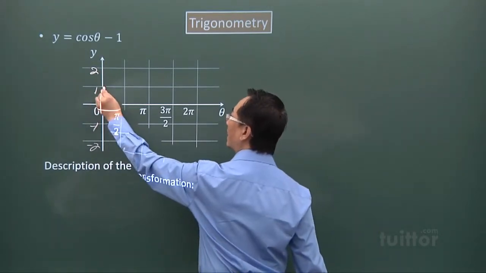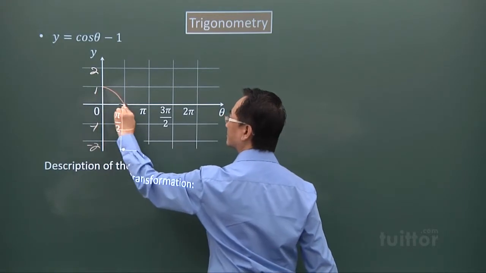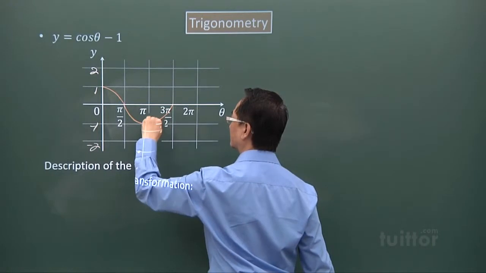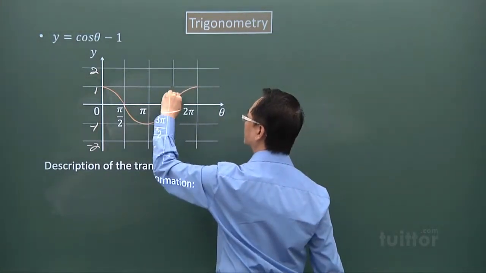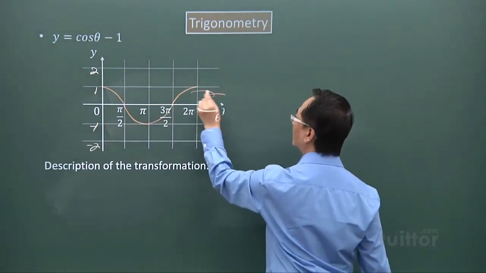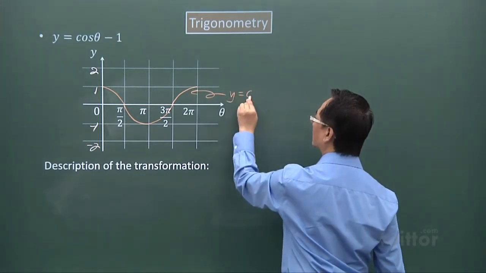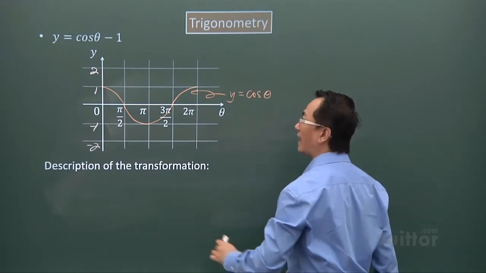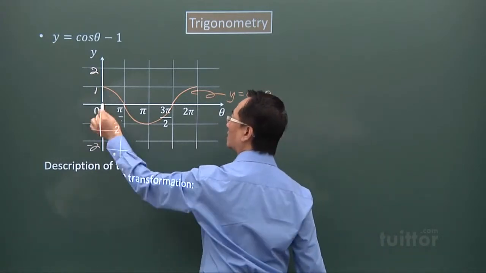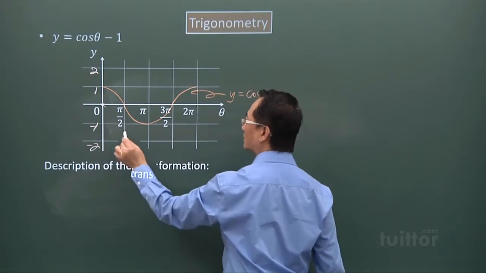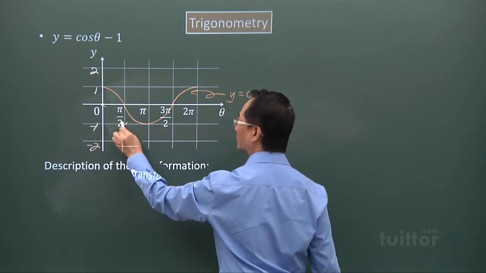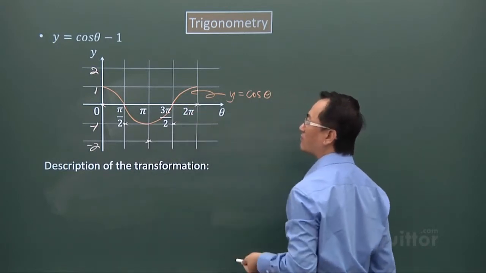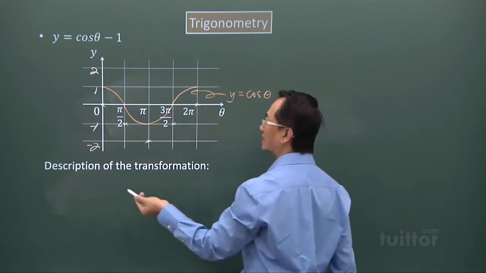The original graph, so that graph is just y equals cos theta. So to move it downwards from 1, now it's down to 0, 0, minus 1. And you can see all the points reduced by 1 vertically.